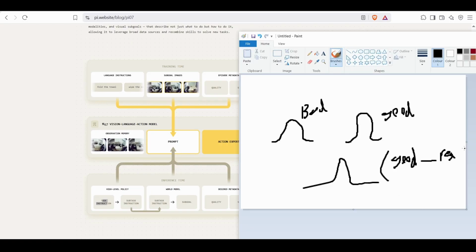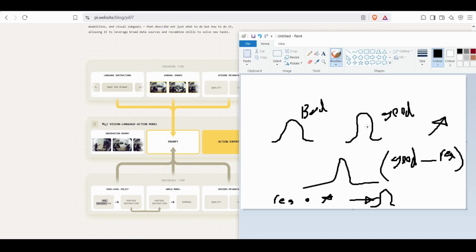This will give you a direction, and the direction will then be amplified in good. So you take the regular distribution plus the amplified direction, and that's classifier-free guidance, and that will hopefully give you, once again, the good distribution. I hope that makes some type of sense, but that's classifier-free guidance.